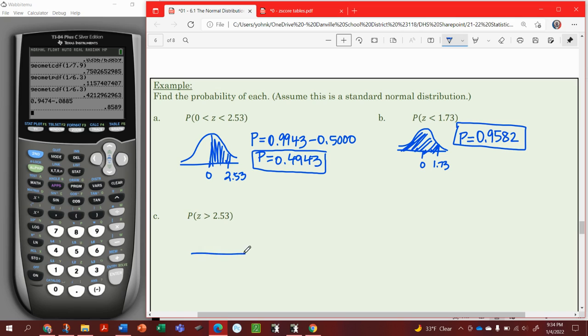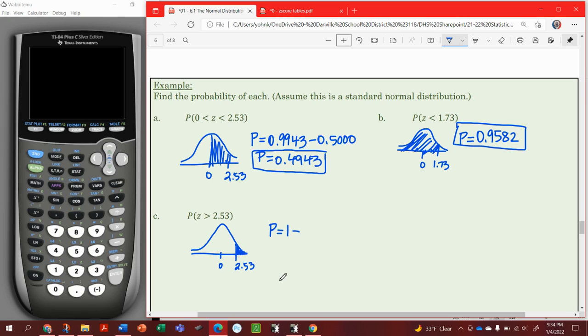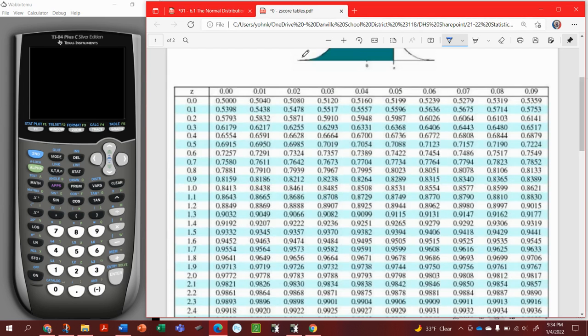Okay, if I'm graphing letter C, the probability that Z is greater than 2.53, I've got 0 here in the center. I've got 2.53 on the right. I've got a vertical line, and I'm shading right. That means that when I look up the value on my table, I have to subtract from 1. So I look up my value on the table, 2.53.